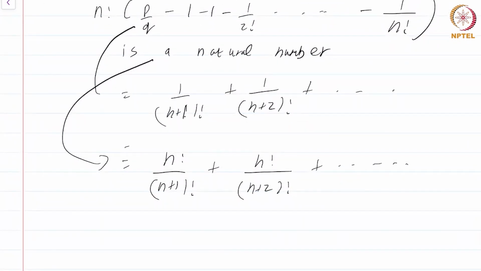This is just because this original expression was equal to 1 by n plus 1 factorial plus 1 by n plus 2 factorial and so on. Okay, now this leads to a problem. This is actually equal to 1 by n plus 1 plus 1 by n plus 1 into n plus 2 plus so on, right?